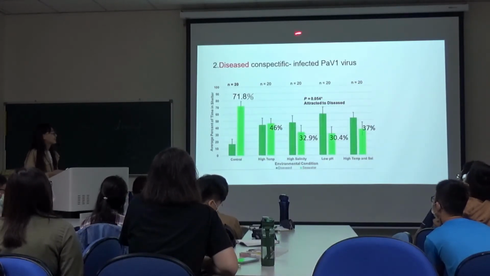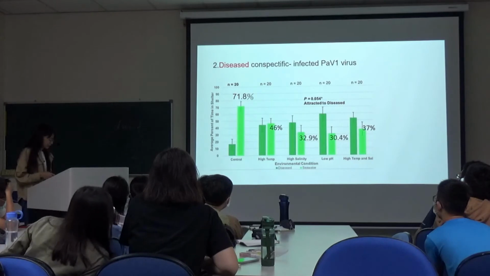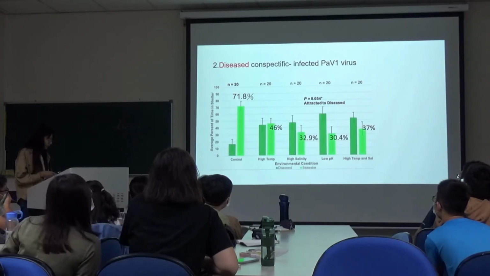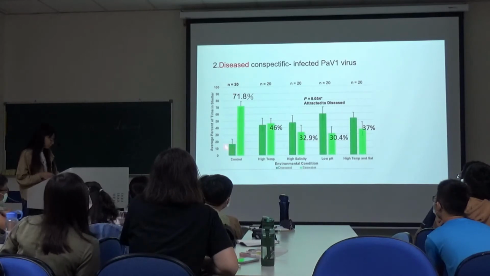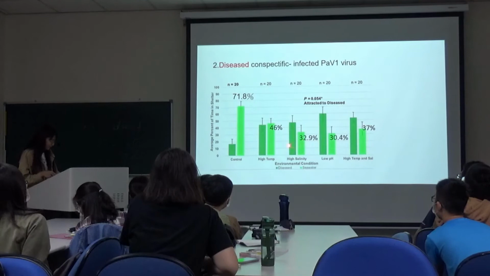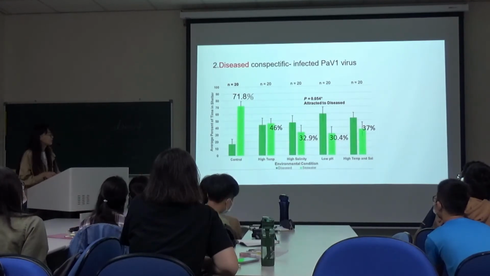The second experiment, diseased conspecific. We can compare with the control trial. Lobster decrease avoidance behaviors obviously in the four experimental changes.